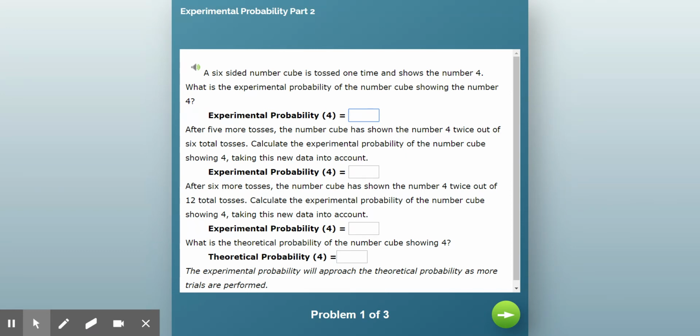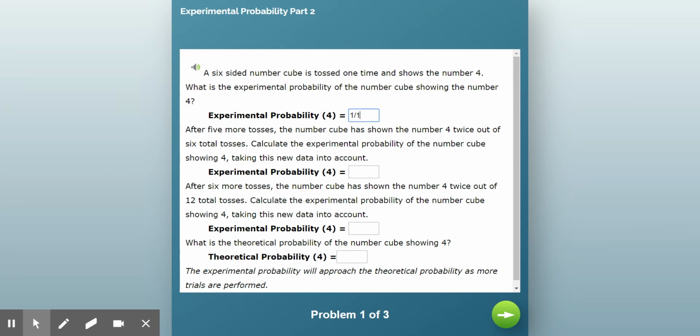Well, it showed the number 4 one time. And how many times did they do the experiment? Well, they only did it one time. They tossed a number cube one time. So in this experiment right here, there's a 100% chance that this will land on 4 because it did.